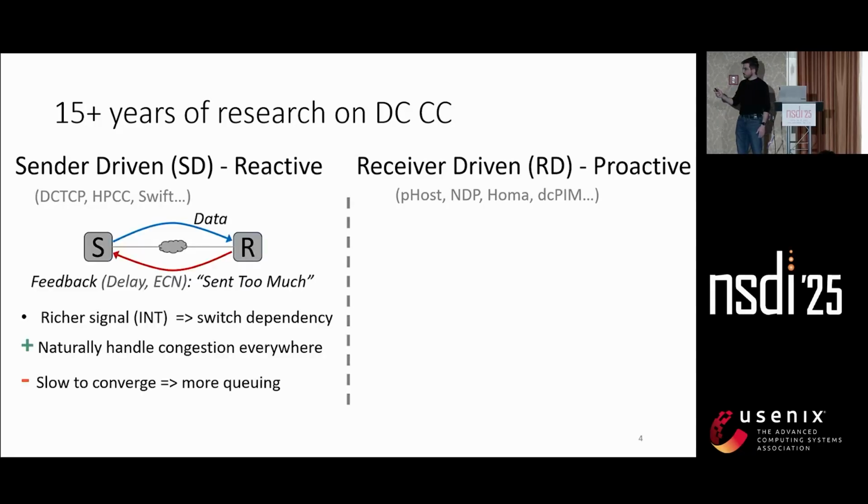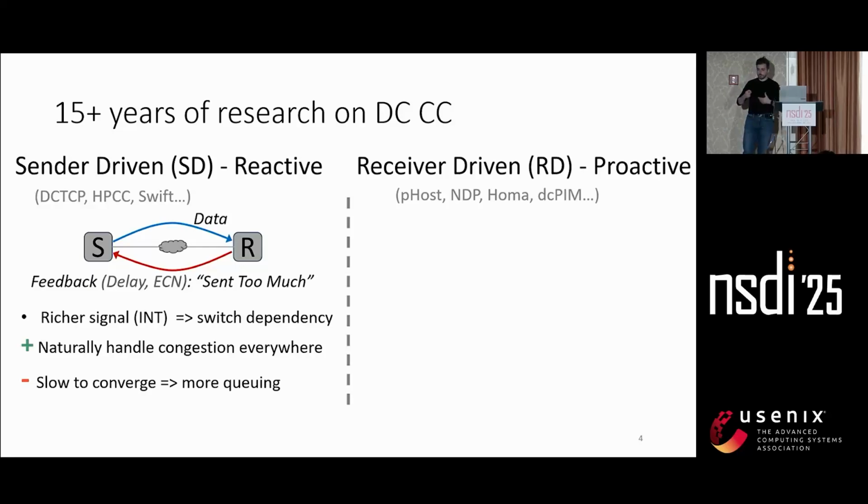So sender-driven approaches are reactive in nature. It's the try and back off approach. So the sender sends, and if something goes wrong, then it gets a feedback and then slows down. And this feedback is usually some form of congestion feedback, say delay or ECN. And many improvements have come from using richer congestion signals, like, for example, in-band telemetry.